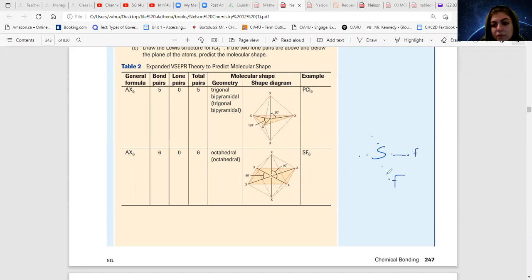So one electron can be shared here, but these 2 will kind of separate for the other F. So F can share here, F can share here, and 1 F can share the electron here, and another F shares the electron here. They need to be unpaired first, and then they can come and be paired with that. That's why there are some exceptions. The same thing for PCl5, you can try that.